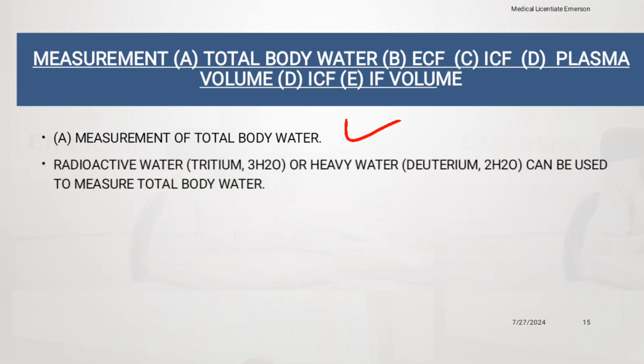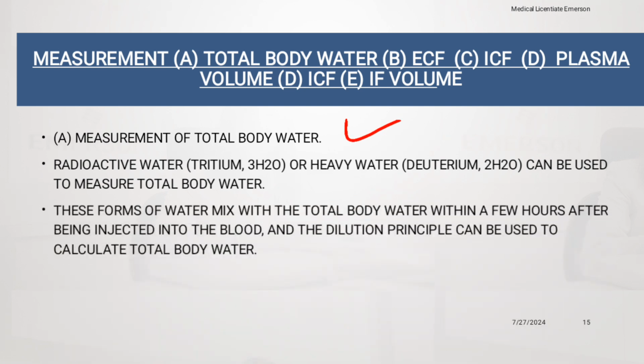We can use radioactive water, which is tritium, 3H2O, or heavy water such as deuterium, 2H2O, to measure the total body water. These forms of water mix with the total body water within a few hours after being injected into the blood, and the dilution principle can be used to calculate the total body water.